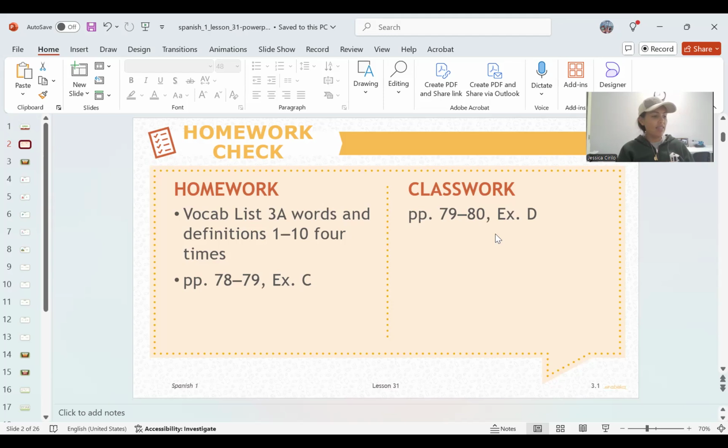Funcionar is the verb, and the conjugation there is funciona. So it ends in A, so you know that it has to be either él, ella, or usted. In that case, they're giving you already the pronoun there, él, so él funciona, okay? So continue doing the rest and let me know if you have any questions with that. So pause the video, finish exercise D on page 79, and then come back here, okay?